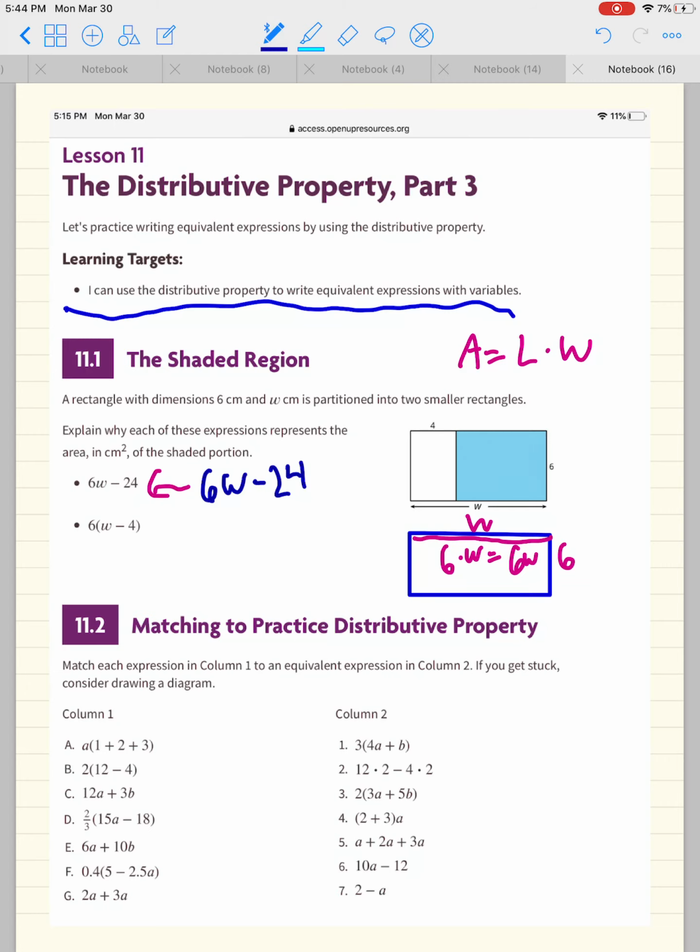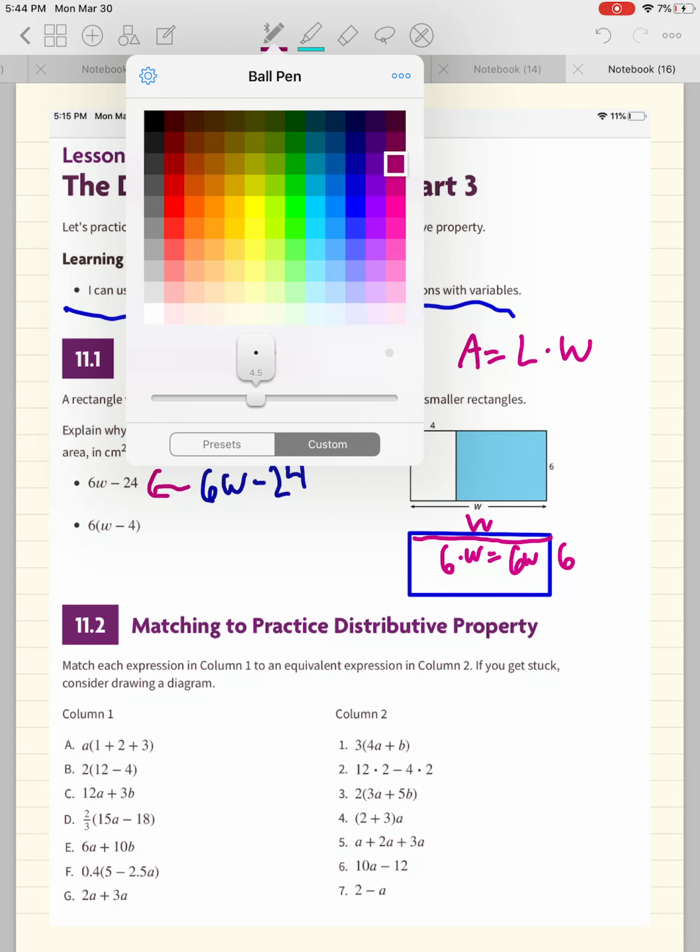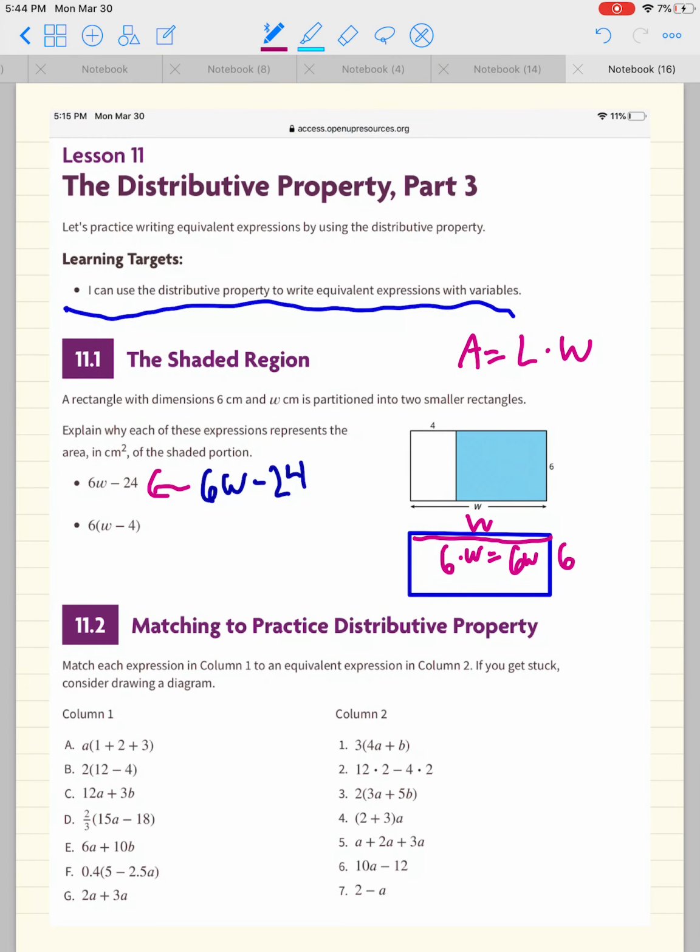Now let's look at the bottom one: 6 times (W minus 4). Remember, when you're looking at something like this, it's really telling you to do 6 times W minus 6 times 4. What you're doing there is multiplying the 6 to both parts of the expression.